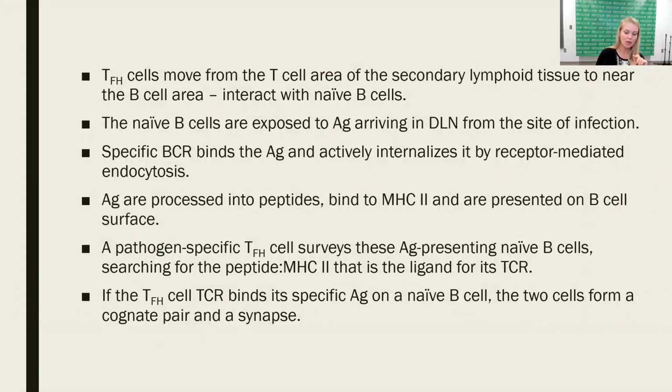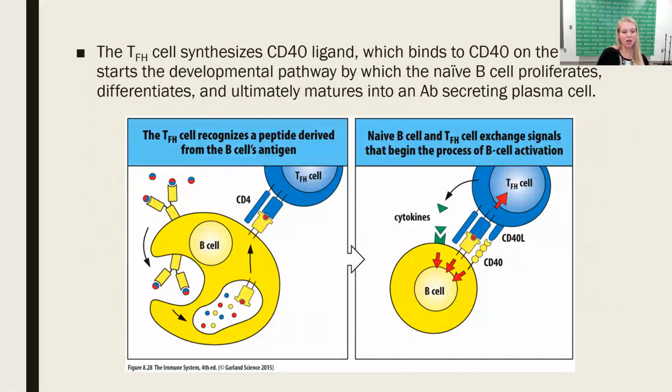Okay. So the two cells then will form a synapse, and also binding at that synapse is CD40 and CD40 ligand. When CD40 and CD40 ligand bind, then that's going to tell the T follicular helper cell to produce cytokines that will drive the production of higher affinity isotype switched antibody.